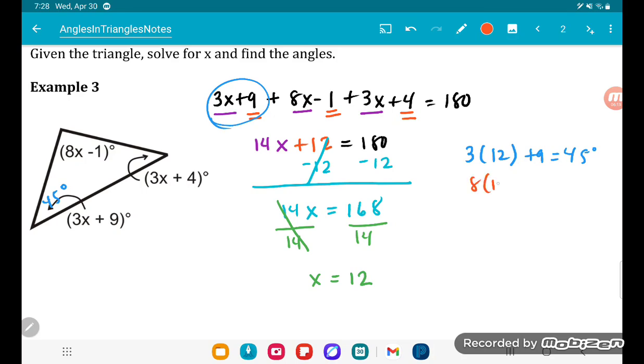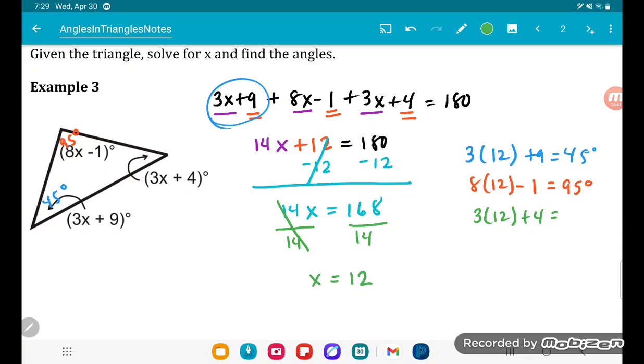So 8 times 12 minus 1. Again, all we're doing is substituting here. 8 times 12 is 96. If I subtract 1 from it, I get 95 degrees. So that top angle is 95 degrees. Last but not least, 3, 12 in parentheses because that's what we're substituting.